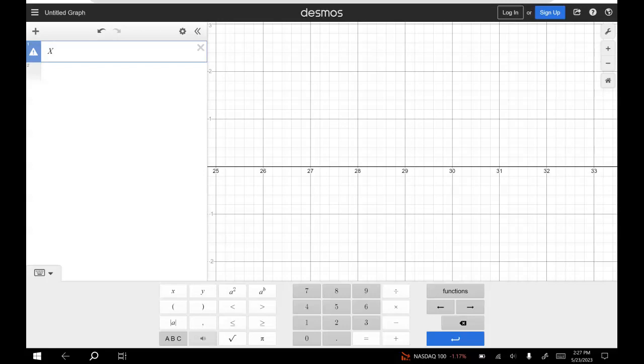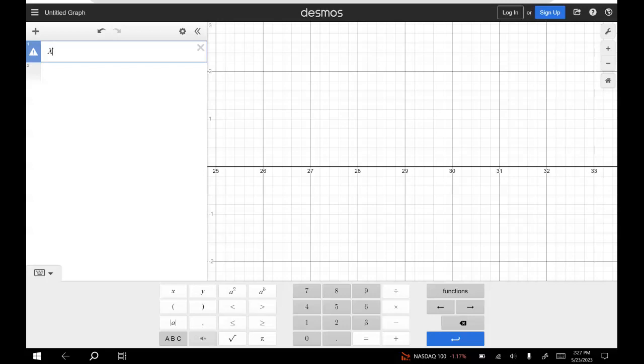To do a subscript, hit Shift and then your underscore key. The underscore key is to the left of the plus and equal key on the top, and to the right of the 0.